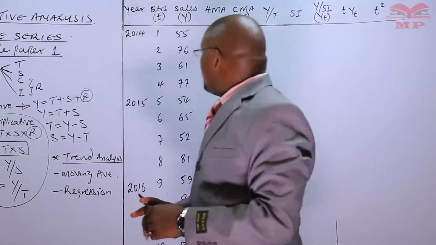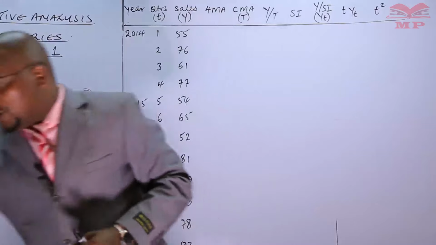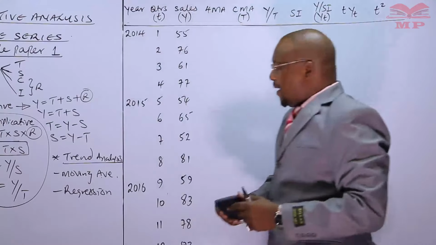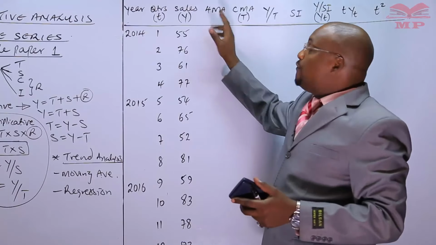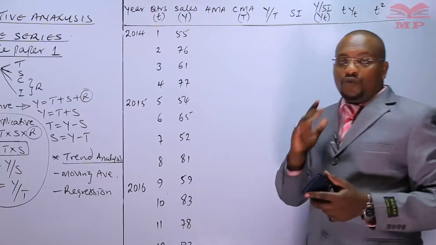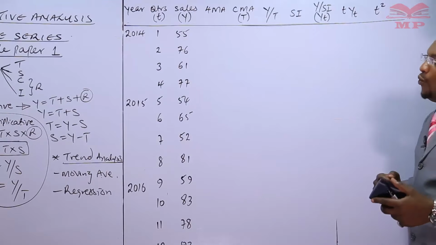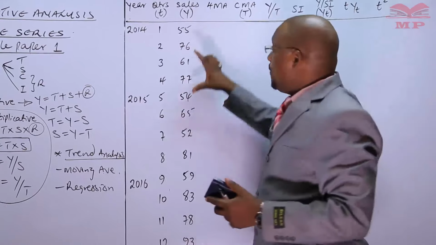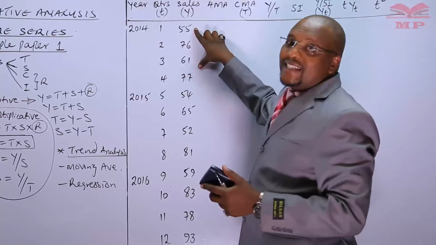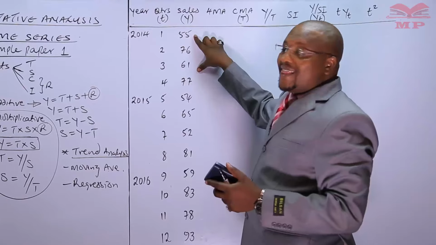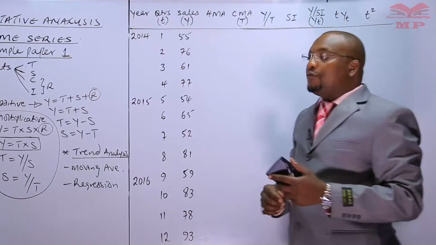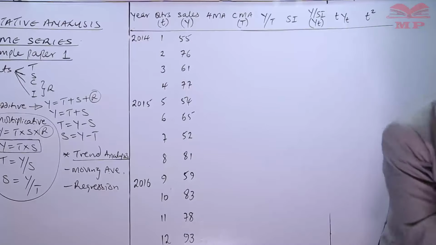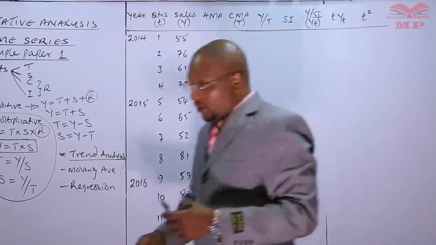When we start fitting the trend using the moving average, we are going to have a 4-quarter moving average. We add the 4, then we take the average of the 4. That average, we are going to put under the mid of these quarters.